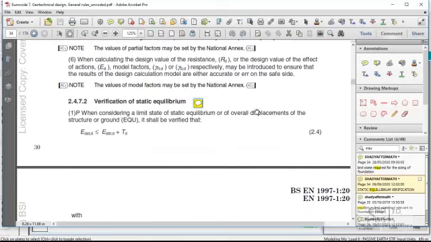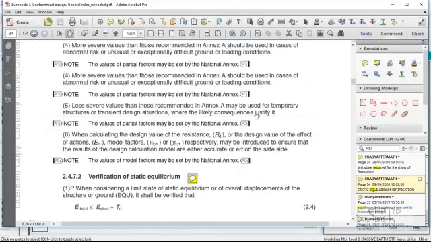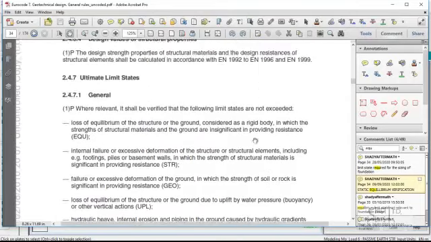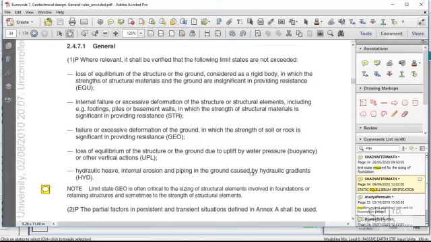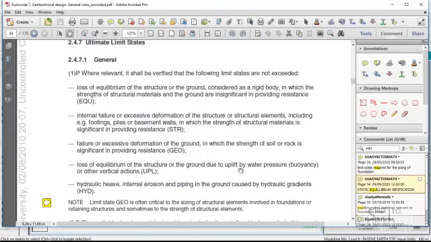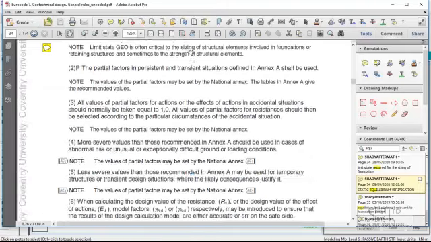So the Eurocode has specified limit states: it has equilibrium limit states, it has geotechnical limit states for failure of the underlying soil as a result of the resistance the soil provides. It has structural limit state for the failure of structural connecting elements. It has uplift and then hydraulic.